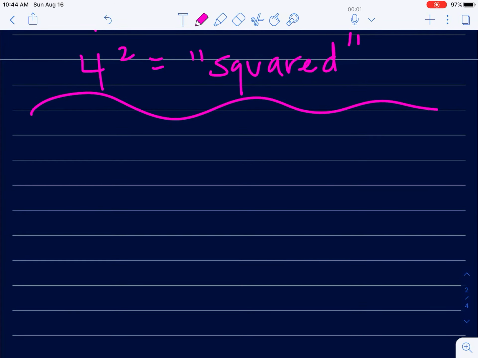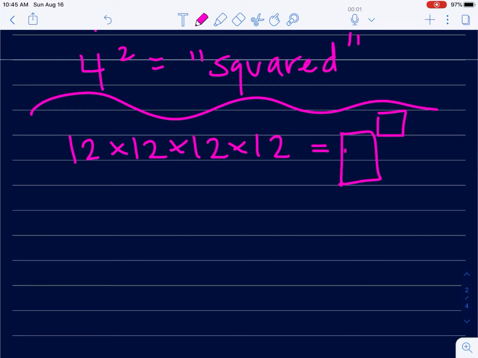Let's do one more. Let's say we have 12 times 12 times 12 times 12. Let's tackle some bigger guns. That would be what base and what exponent? Well, 12 is the big number, so that's the base, and it would be to the 4th power because there's 1, 2, 3, 4 of those 12s. But they're being multiplied, so it's not like it's 48.